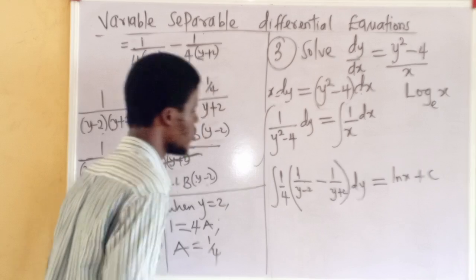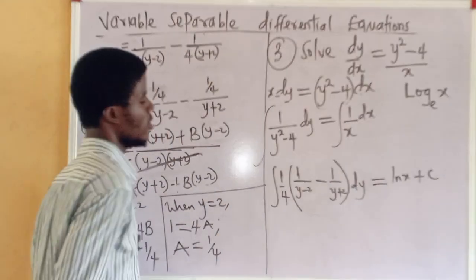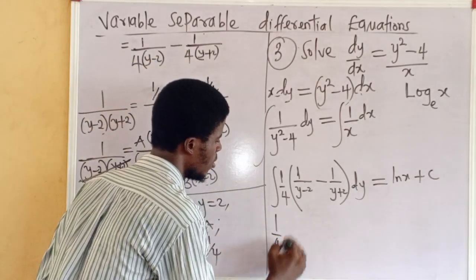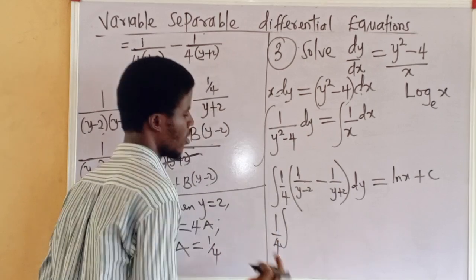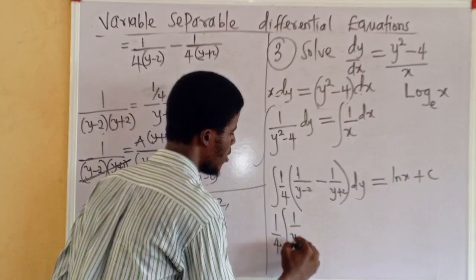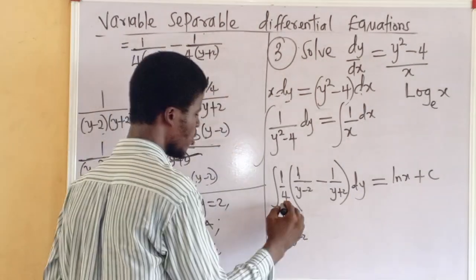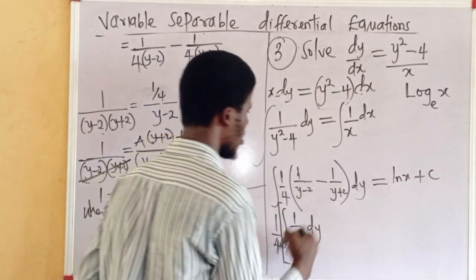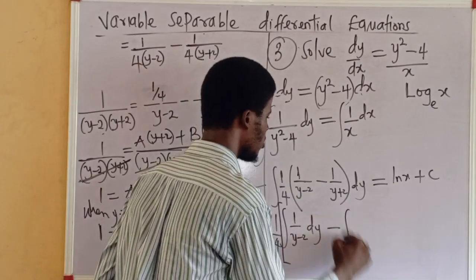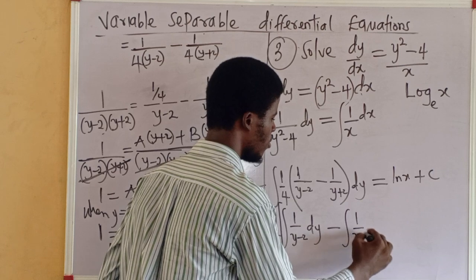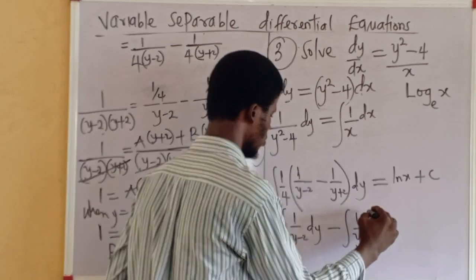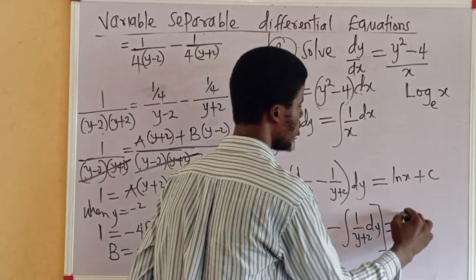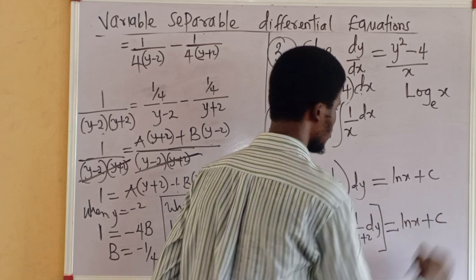So 1 over 4 is a constant. It can be brought out. We have 1 over 4 times the integral of 1 over y minus 2 times dy, and minus the integral of 1 over y plus 2 dy also, all equal to ln x plus c.